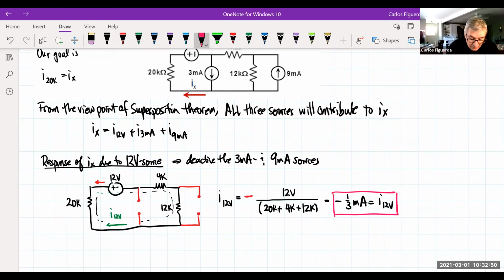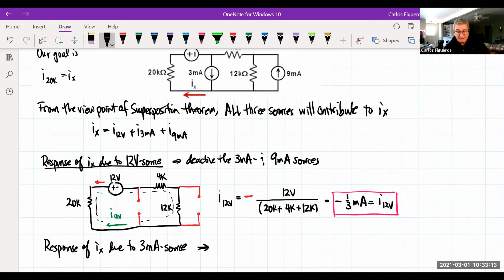So then I do the exact same thing. Now I'm going to focus on the effects of the 3 milliamp source here. So the response of IX due to the 3 milliamp source.